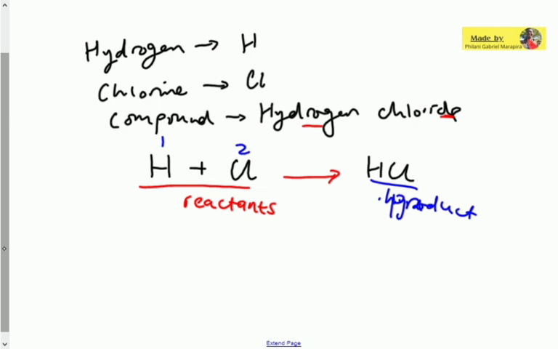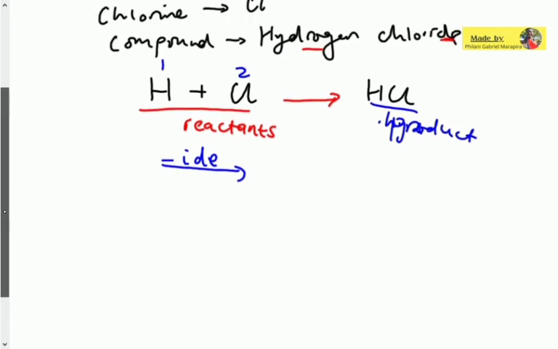When 2 elements form a product, the compound will have ide at the end. You can see this is ide. This ide tells you that you have a total of 2 elements or 2 reactants making up the compound. Here the compound is made up of hydrogen and chlorine.